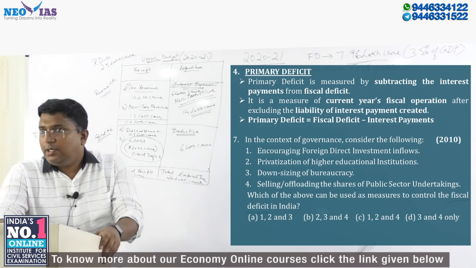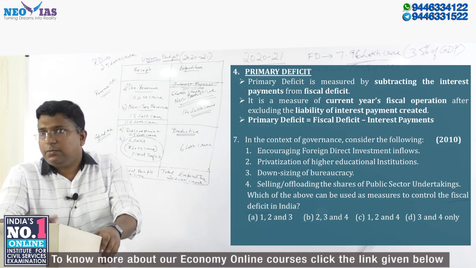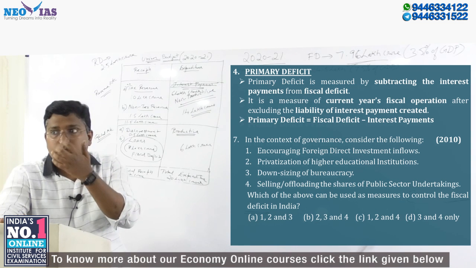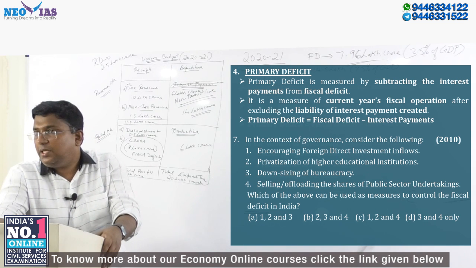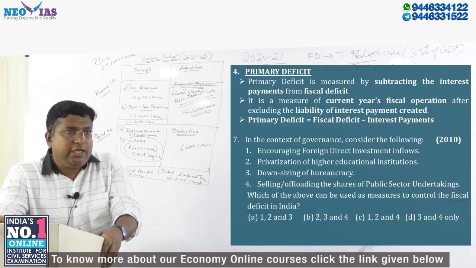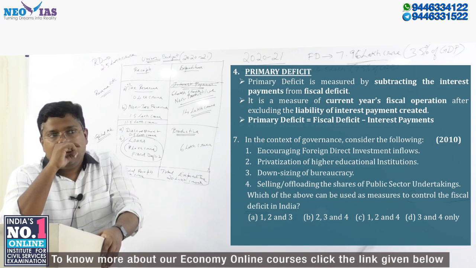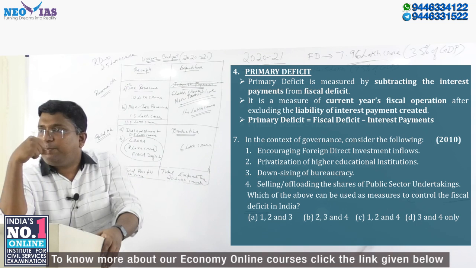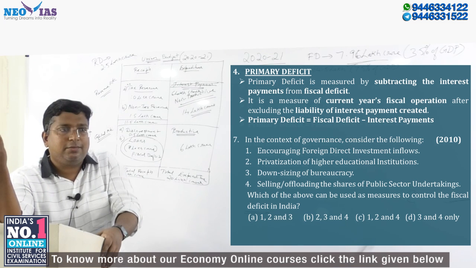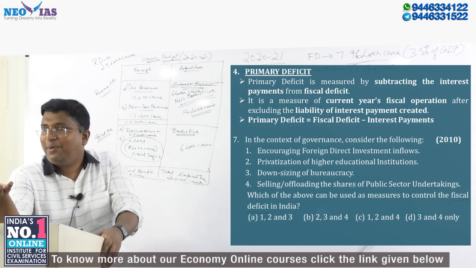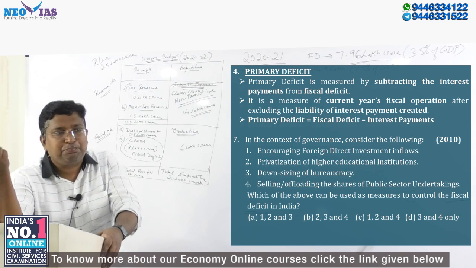Imagine JNU. JNU is a government owned campus, a central university. So all the expenditure of JNU or Delhi University is borne by the central government. Now privatization means selling it to a private player, for example Ambani. Imagine if it has been sold to Ambani or any Tata, anyone.